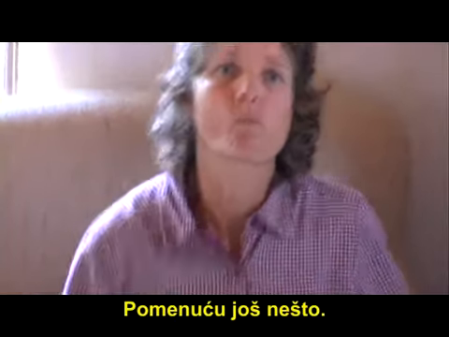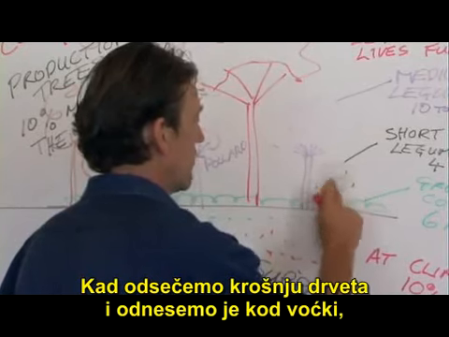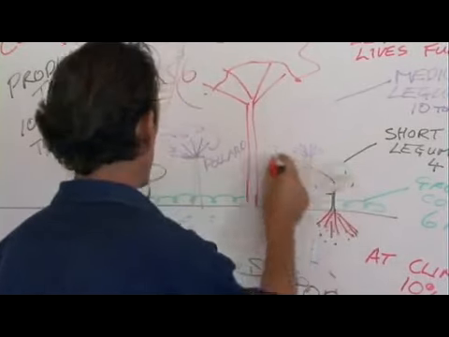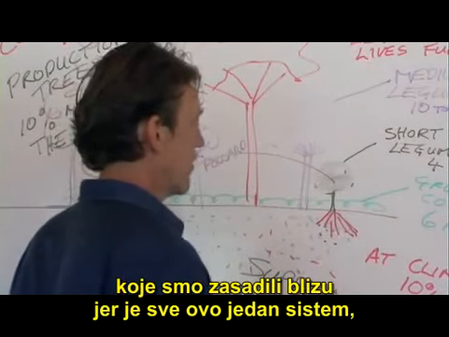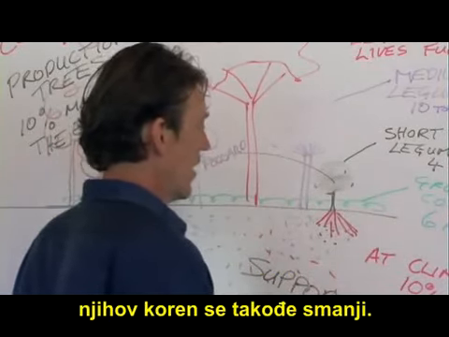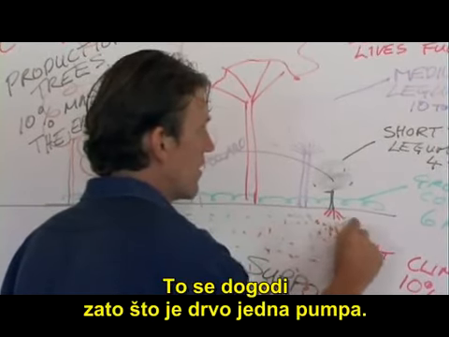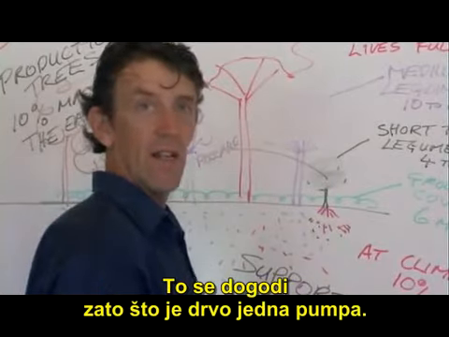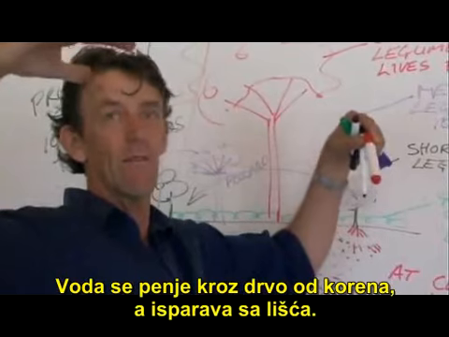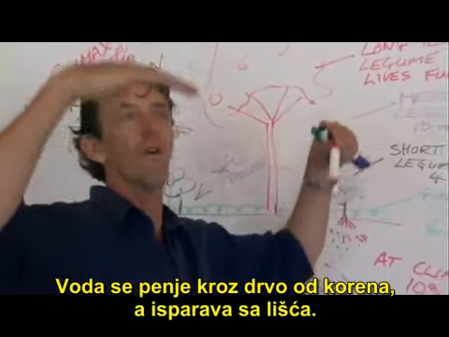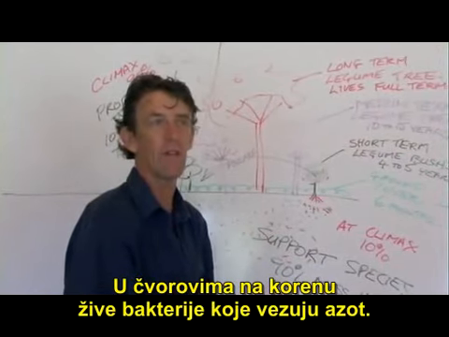Something else is going on. When you cut the top and take that mulch over to your fruit trees, which are very close by because they're all interacting together, you've planted them all as one system, the root zone self-prunes as well. Because a tree essentially is a pump and the water in the tree is hanging from the leaves. It's transpiring off the leaves and it's a complete column of water all the way down to the base of the roots.